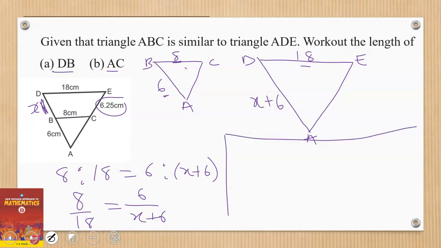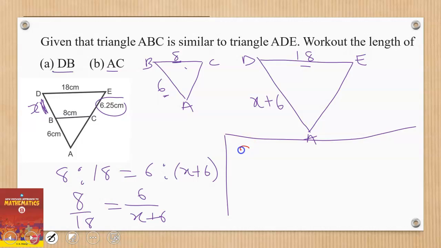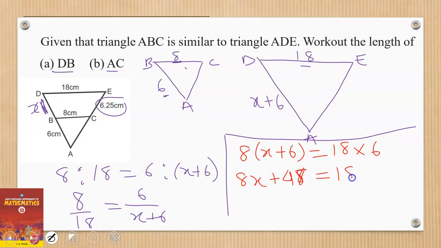Now we can simplify this work further. When we do the cross multiplication, we can say that 8 will multiply X plus 6, and then 18 will multiply 6. So when I expand this, I have 8x plus 48 equals 18 times 6, which is 108.